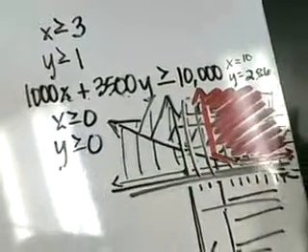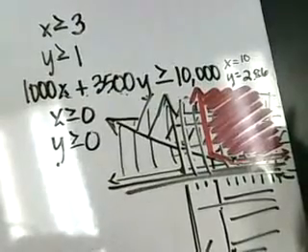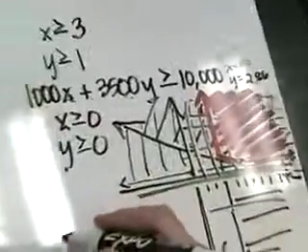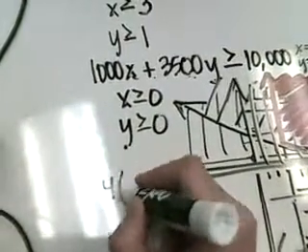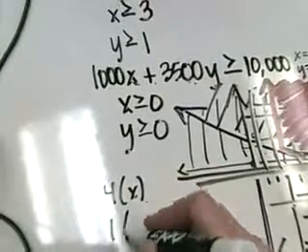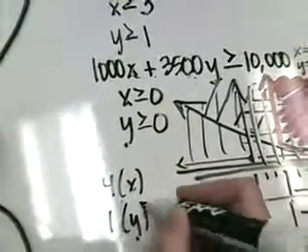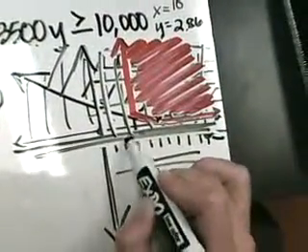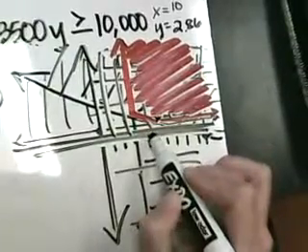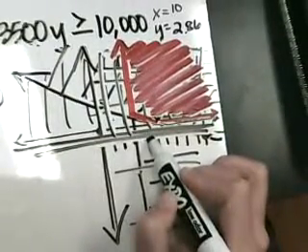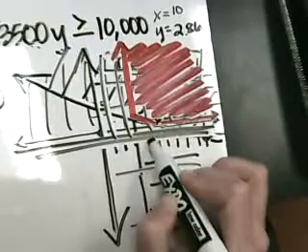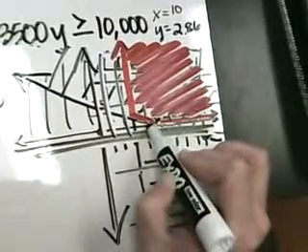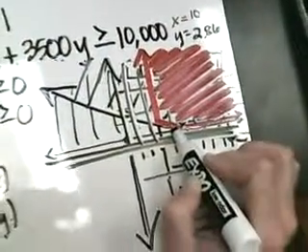Okay. Now part B says, will an order of 4 medium spotlights and 1 long throw spotlight be delivered free? Now remember, medium was X, so they're saying, can X be 4 and Y be 1? Well, let's go over here and look. Here's 1, 2, 3, 4, and then here is 1 right here.